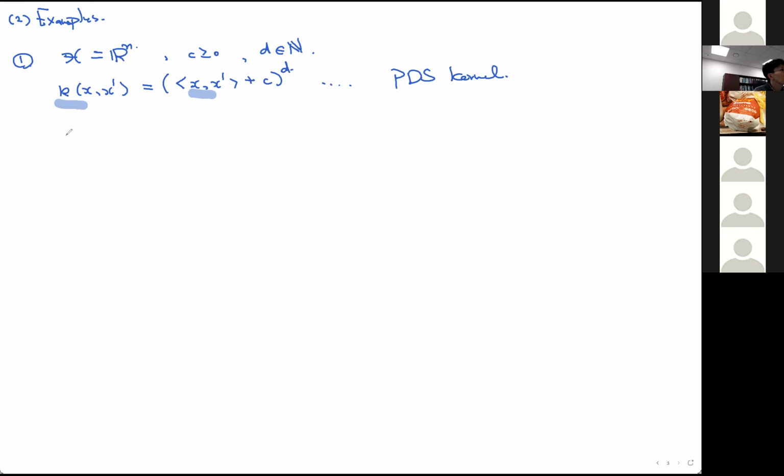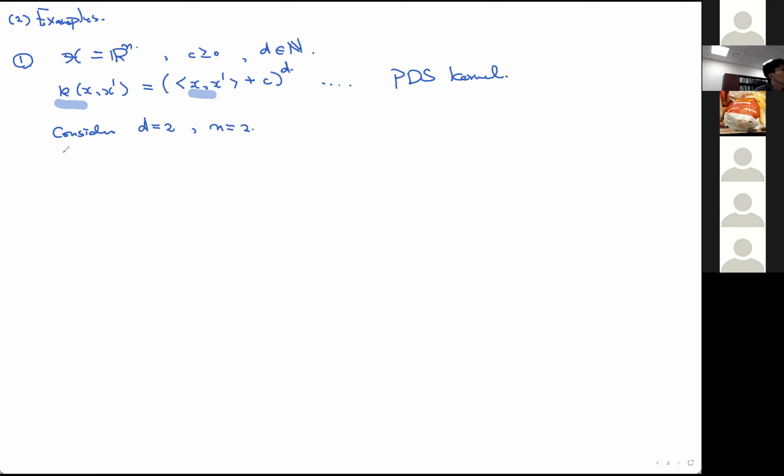So consider d equal to 2, and n equal to 2.